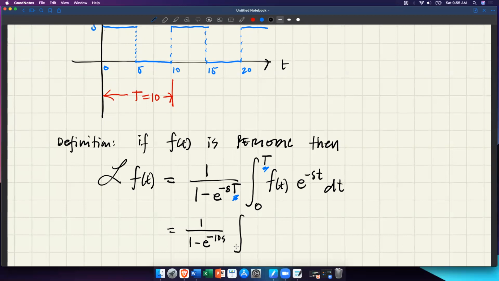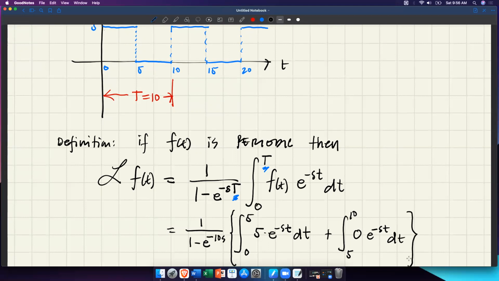Since from 0 to 10 we have two values of amplitude, we can just say from 0 to 5, the value of f of t is 5 multiplied by e raised to minus st dt, plus from 5 to 10, the amplitude is 0 times e raised to minus st dt. This is how you represent your integral.